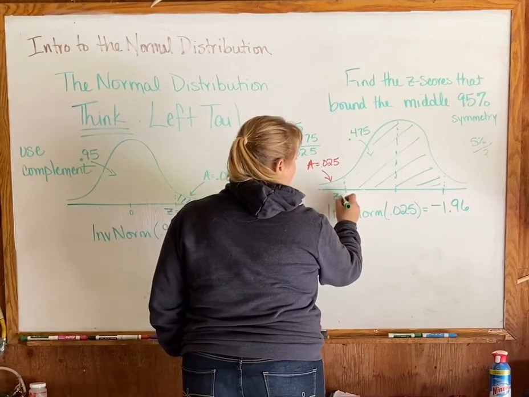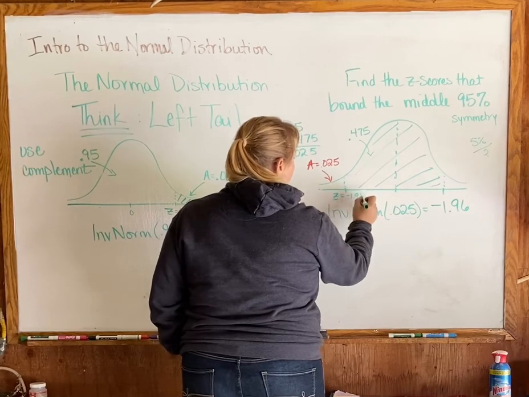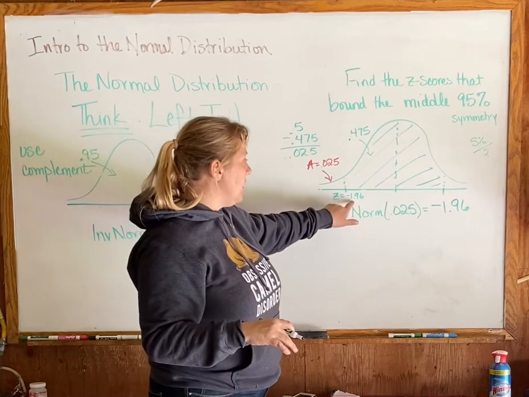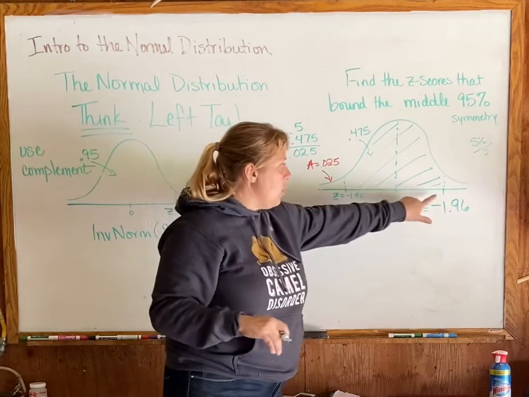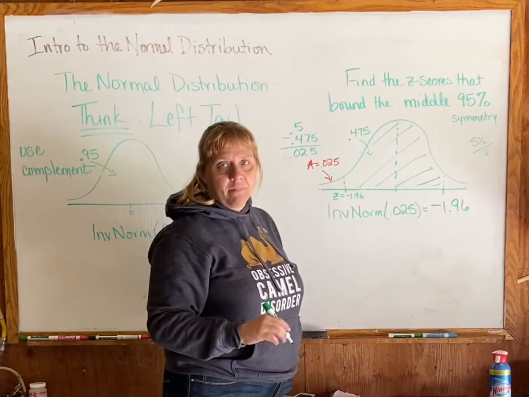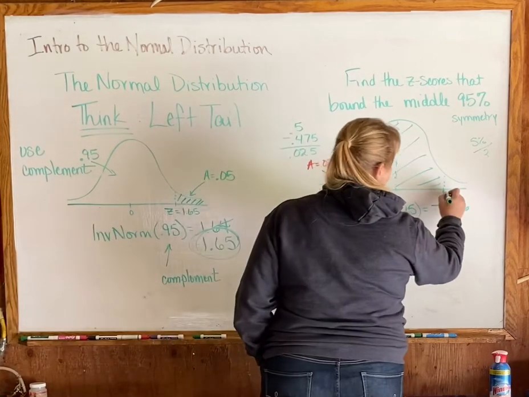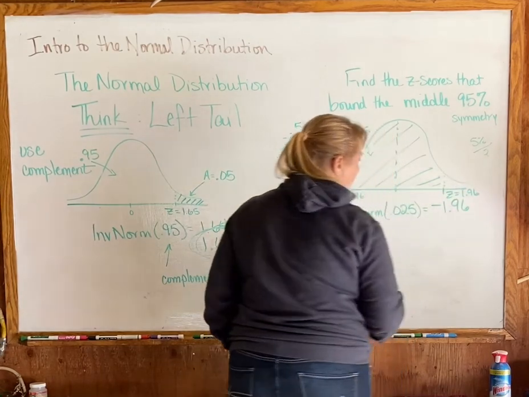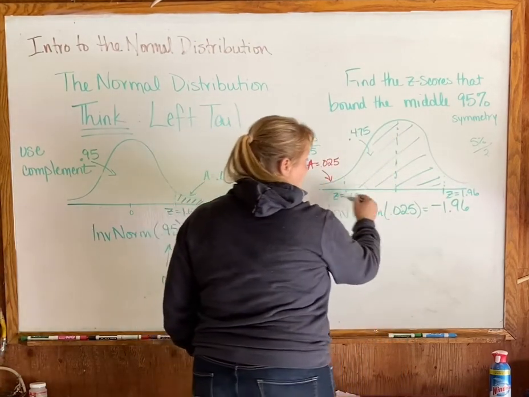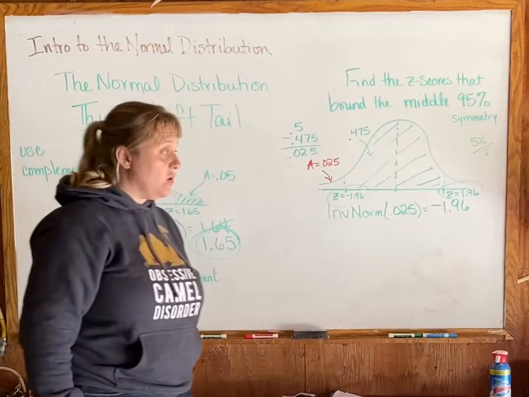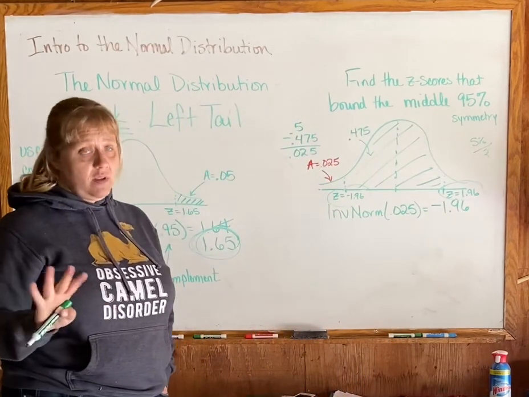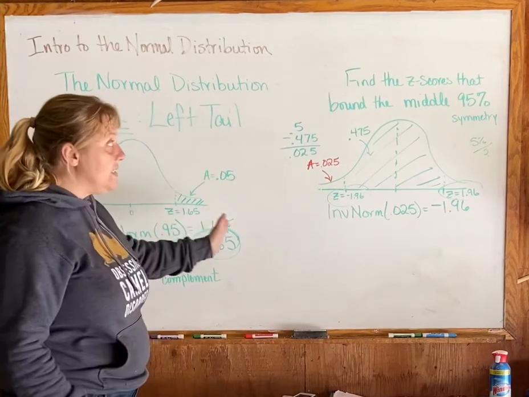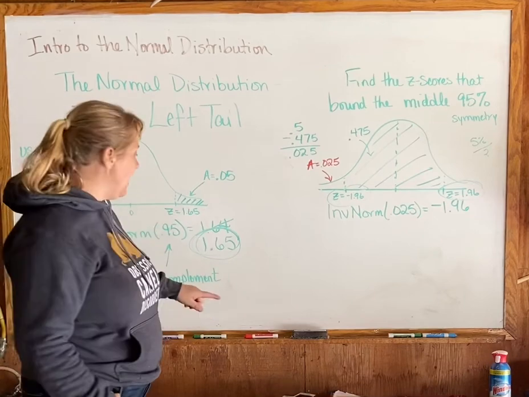And that gives us this z-score. But the thing to remember is if life is symmetrical here and that z-score is a negative 1.96, what's this z-score going to be? It should be a positive 1.96. So z equals positive 1.96. So we end up with 2 z-scores. And again, symmetry, so everything is the same, but the way the calculator works is always by using a left tail on the inverse norm.